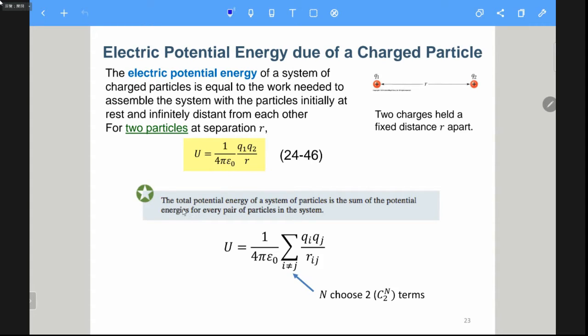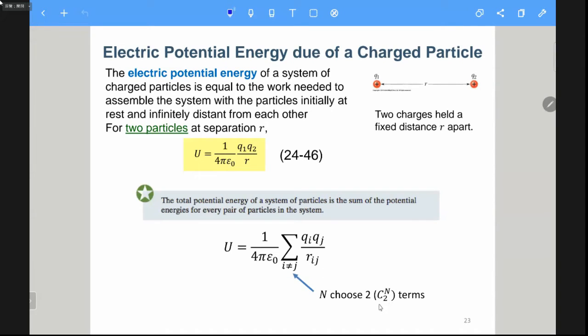If we have multiple charges, then we need to calculate two by two. We pick two of the N particles, calculate their potential energy, and then add them together. This is like a summation, but every time we take two particles, i and j. We sum over i and j from 1 to capital N, and every time we pick two.